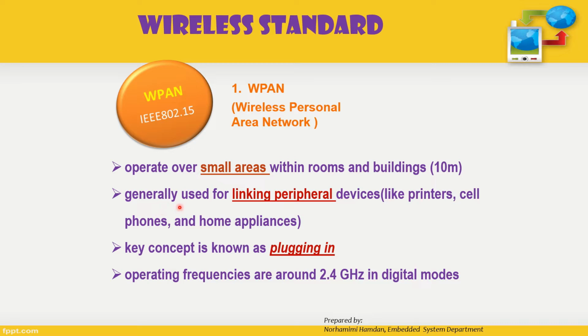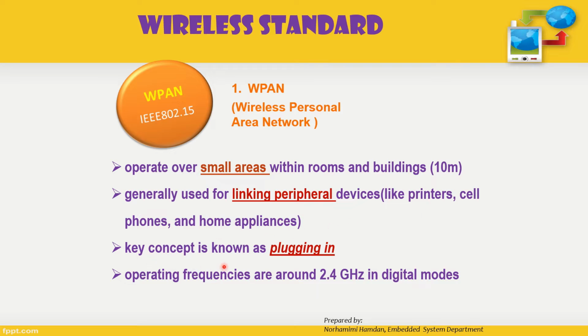Generally, this wireless standard group is used for linking peripherals, such as when we want to print from our laptop to the printer. So our communication range is between 10 to 100 meters. Also like the cell phone that we use to communicate with our headphones.